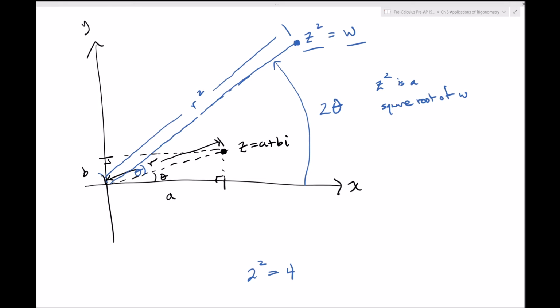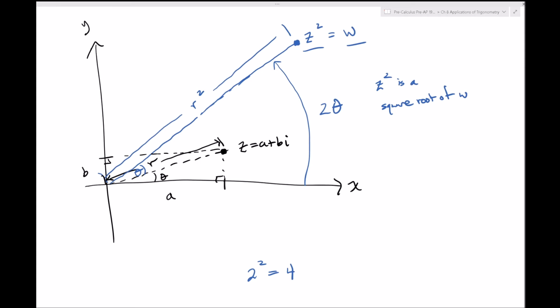There's no plus minus on 0. But negative 4, for example, has 2 square roots, plus or minus 2i, if you remember. Positive numbers have 2 real square roots. Negative numbers have 2 complex square roots. 0 only has itself as a square root.